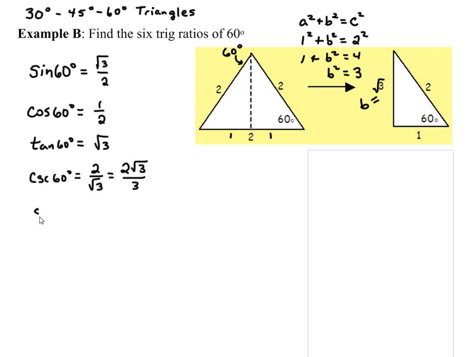For the secant of 60 degrees, we do a similar thing, except that instead of taking 1 over 2, we take 2 over 1, or just 2. And for the cotangent of 60 degrees, we take the reciprocal of square root of 3, so 1 over the square root of 3, and then we rationalize the denominator to get square root of 3 over 3. Okay, so there are our six trigonometric ratios for 60 degrees.